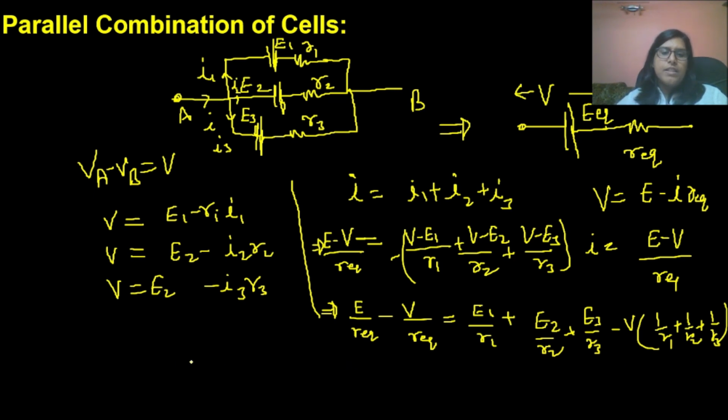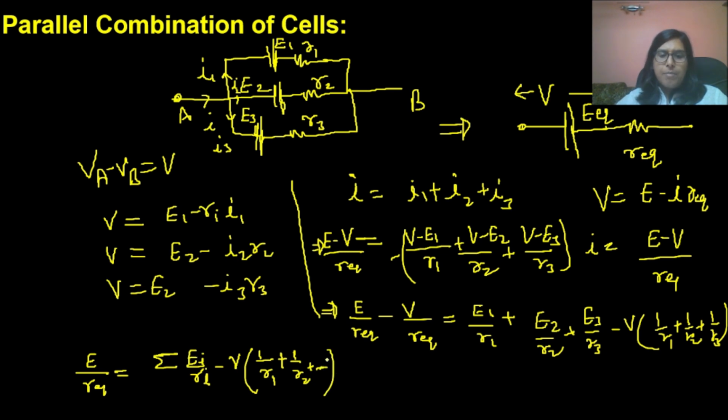And if you further solve this, taking this term to this side, E upon R equivalent will be sigma E upon R minus V into 1 upon R1 plus 1 upon R2 and so on, and minus 1 upon R equivalent, right? This equation will become like this.